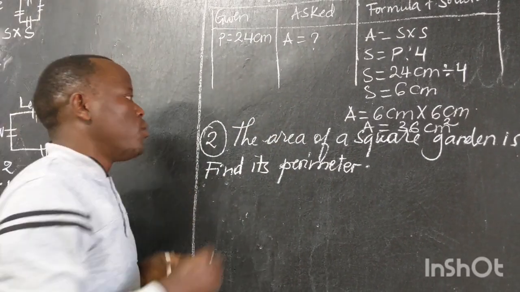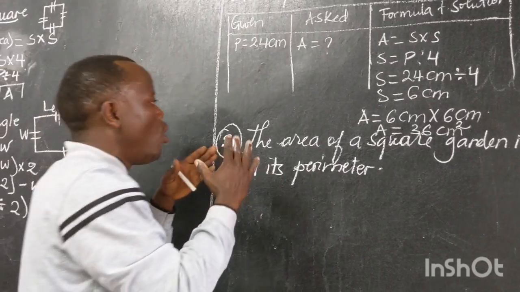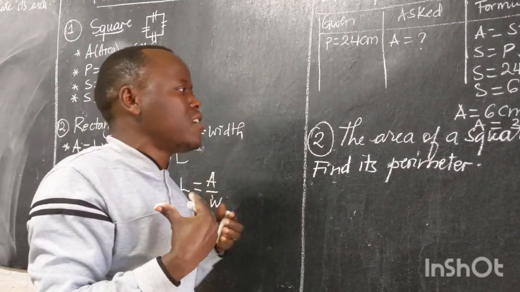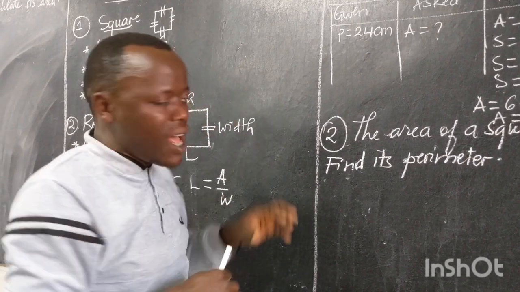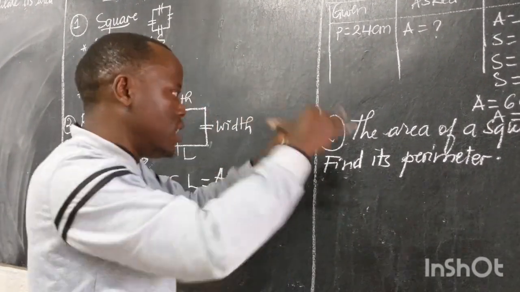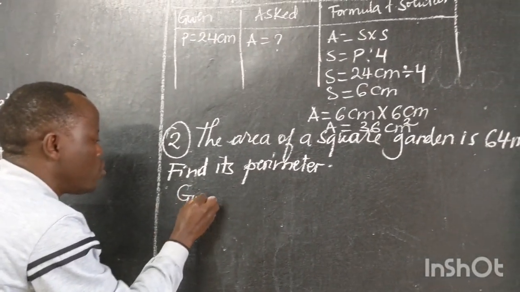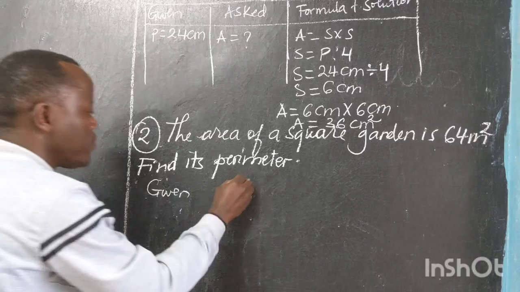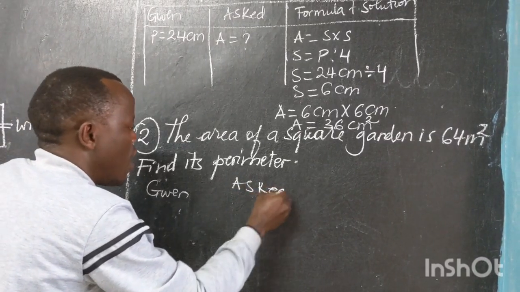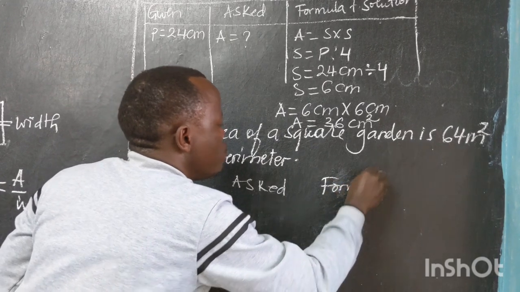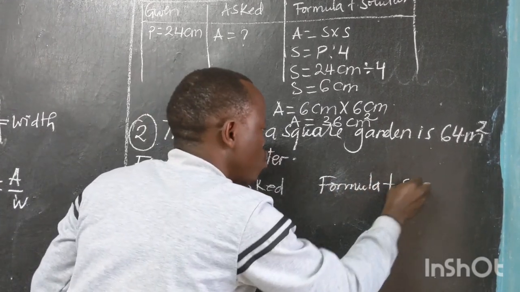And now, we are going to attempt another second question that is going to help us understand properly how the formulas we have studied previously can be applied. So we also draw that table: given, asked, and formula plus solution.